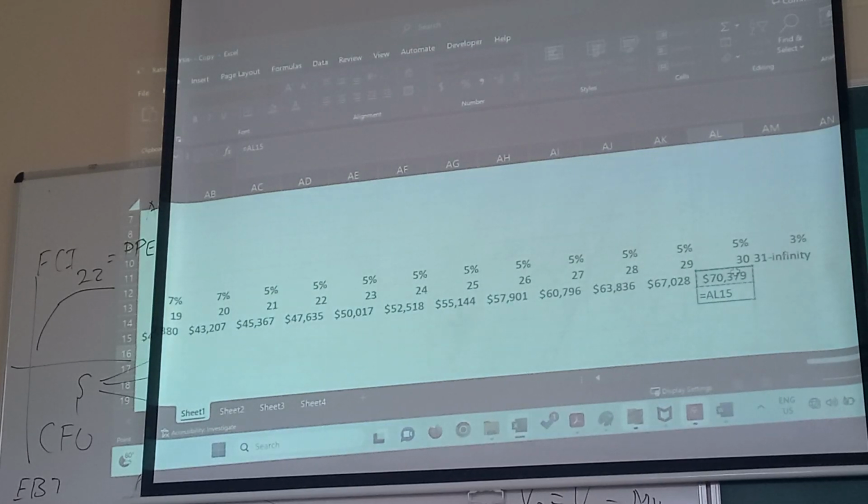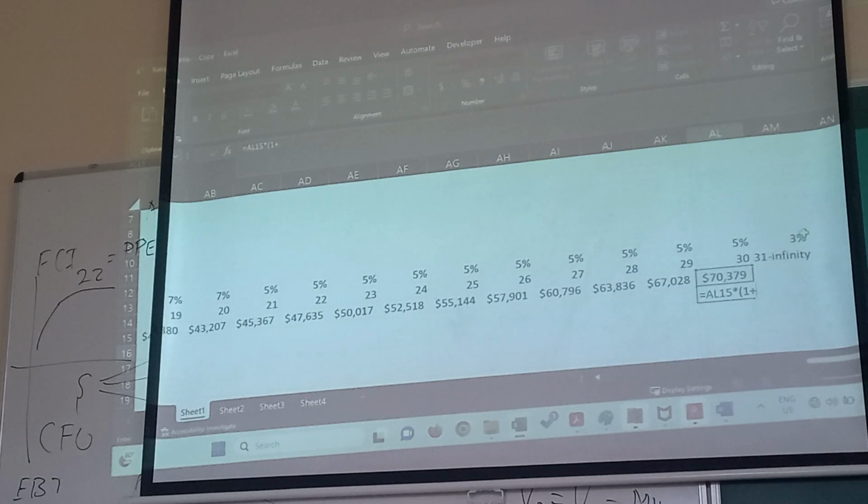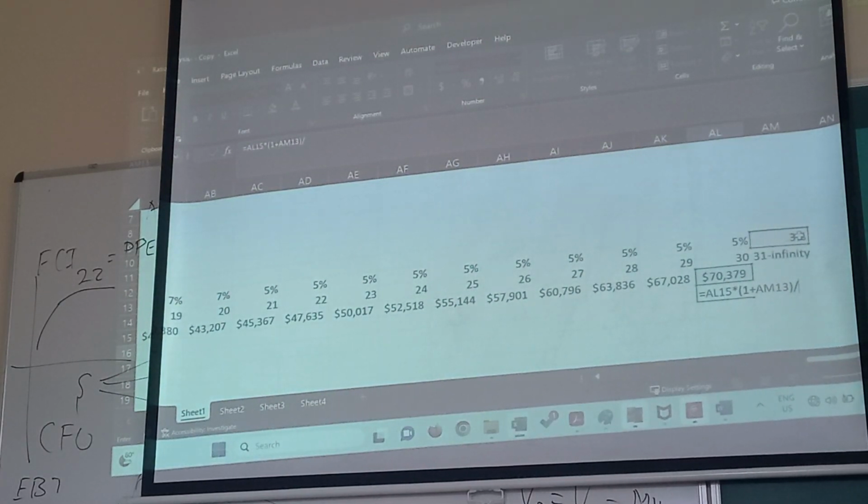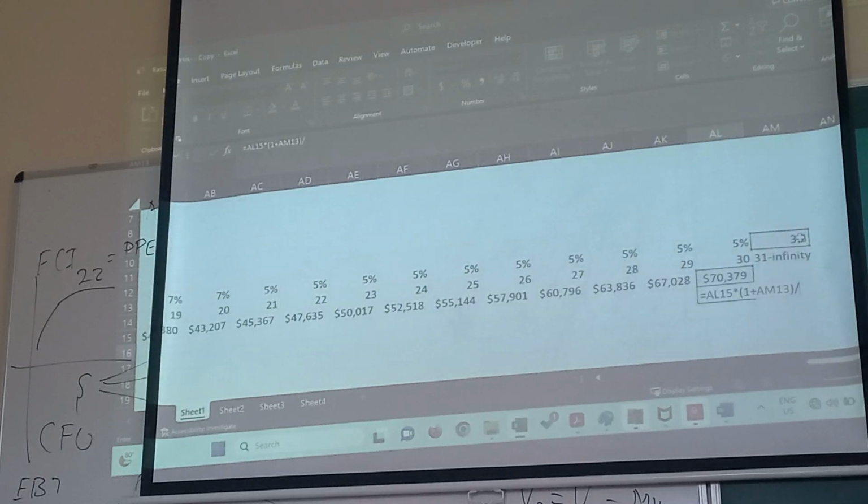This into 1 plus 3% divided by WACC minus the growth rate. Now you need to find the WACC. All of you would have found the cost of equity, right? As part of the last exercise, you didn't do the WACC, right?